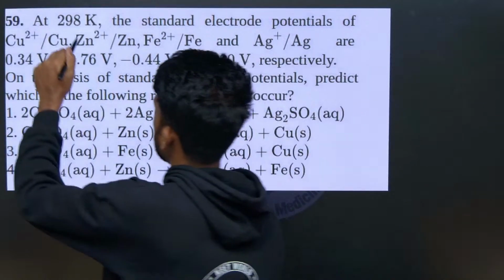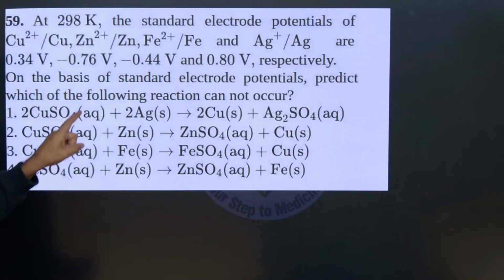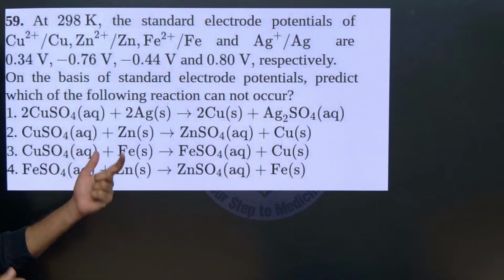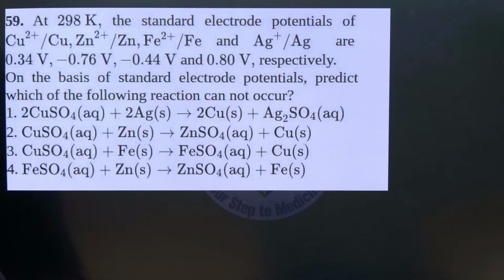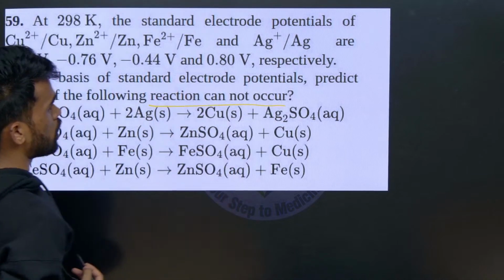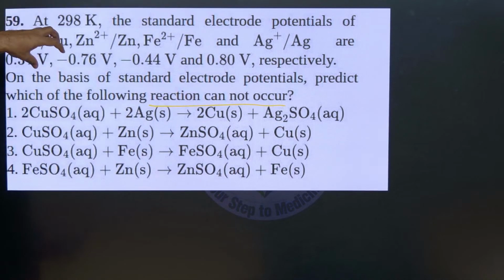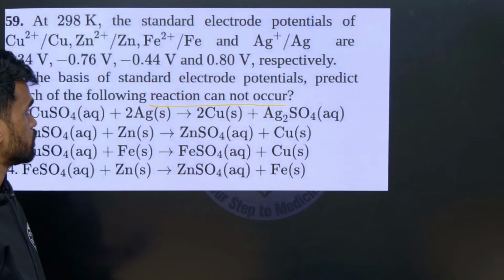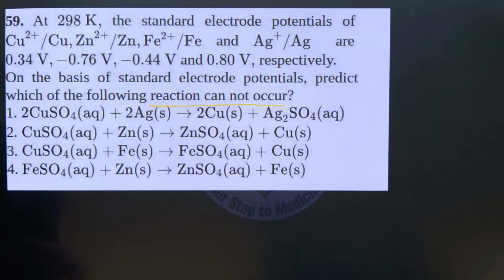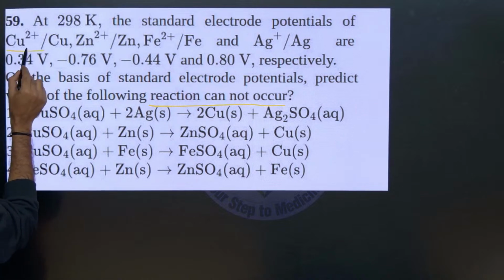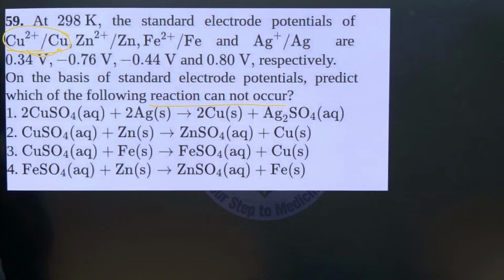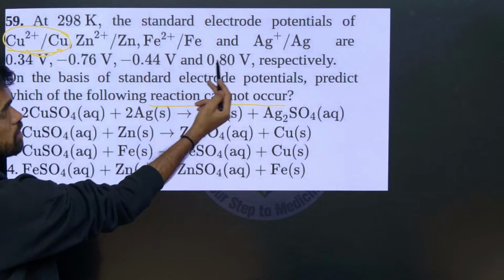Next, whenever they give electrode potentials like this and ask us to identify which reaction is possible, or which reaction cannot occur, we need to answer by looking at the reduction potential values. Now look here, Cu+2 to Cu is given. So this is a reduction process, right? Reduction potentials are mentioned here.